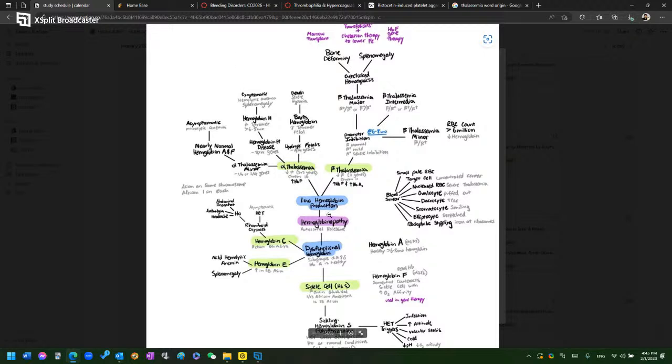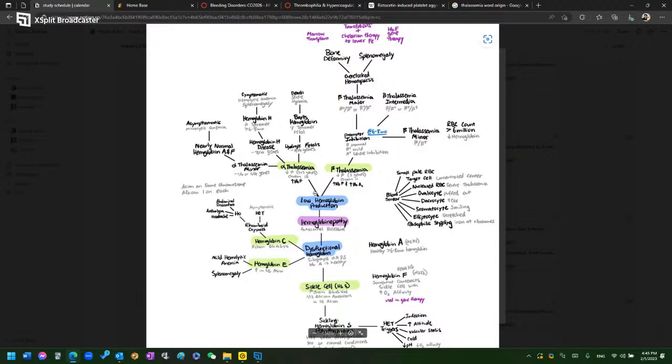So there's two types of thalassemias that we talk about. And that's actually based a lot on the type of hemoglobin that we're talking about. So actually, before I talk about thalassemia, I should probably talk about the types of hemoglobin that exist.